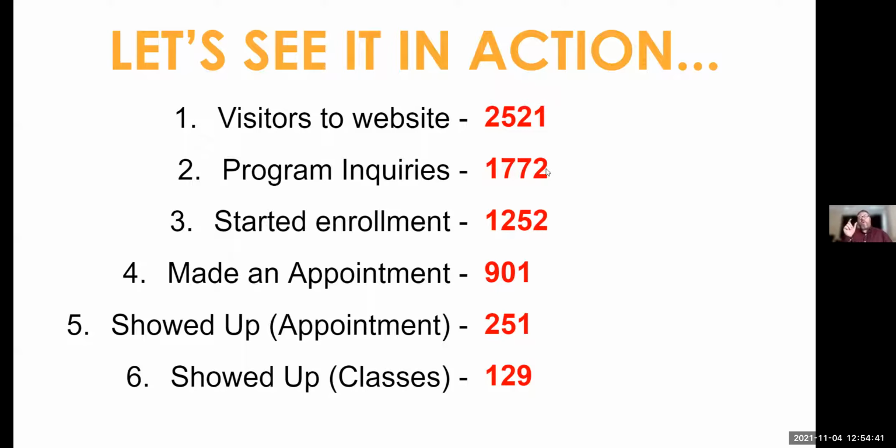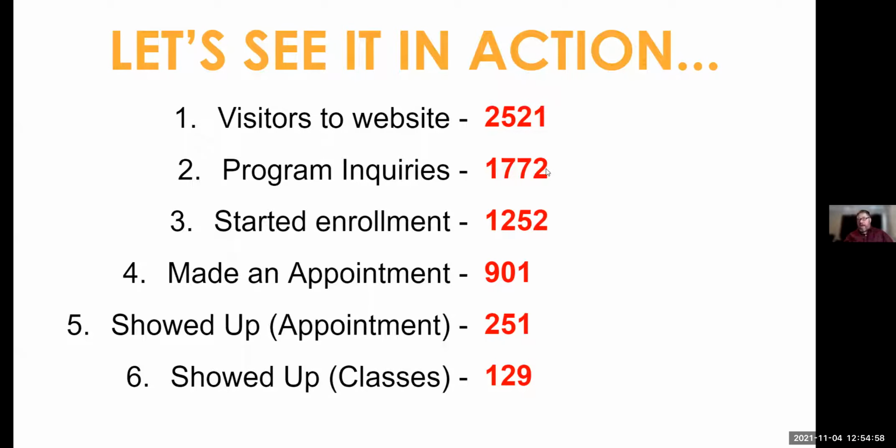So that would be a good starting point to measure, to go, okay, right now we're getting 7% of our inquiries to show up in class. How do we improve that? And these are all the steps along the way that you can be analyzing to determine improvement.